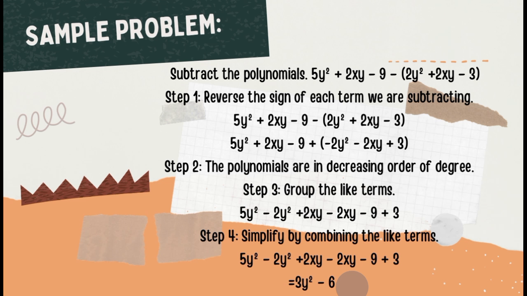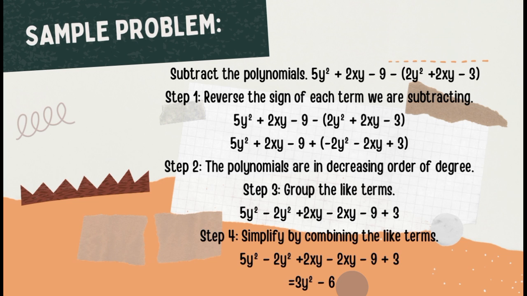Subtracting polynomials is just like adding polynomials. The difference is that if we have a negative, we change it into positive, and if we have a positive, we change it into negative, which applies to the second part of the polynomials, the one we are to subtract.